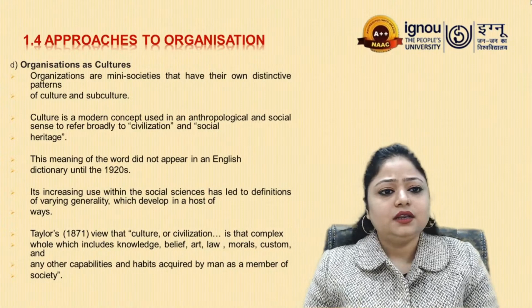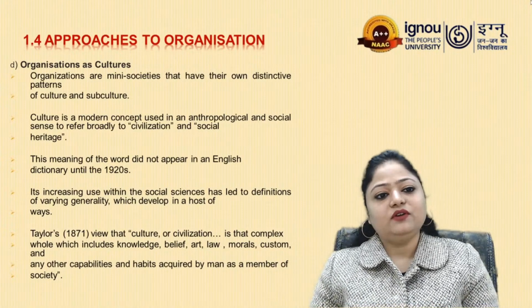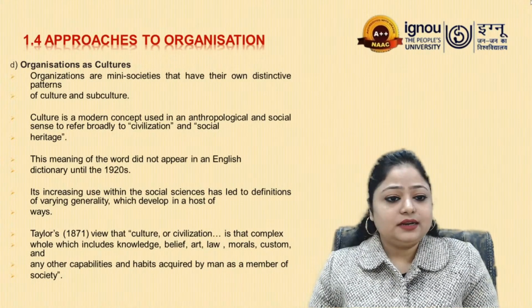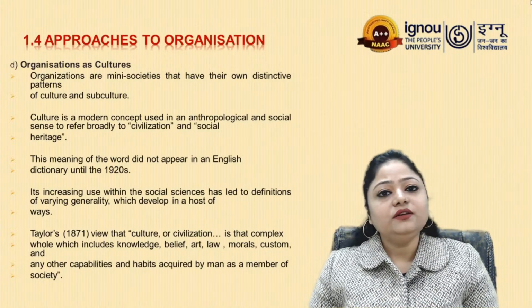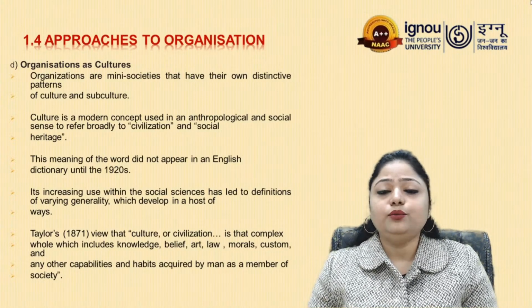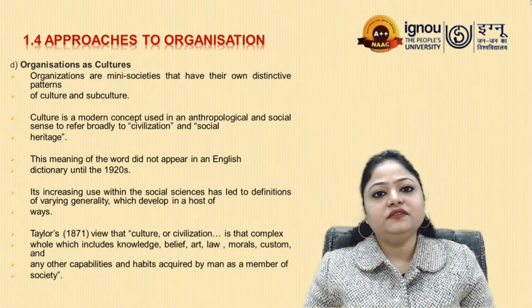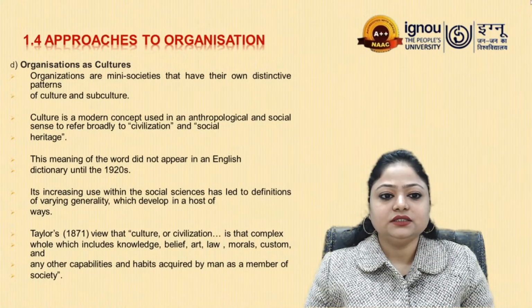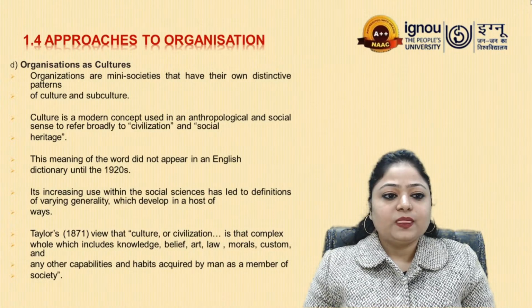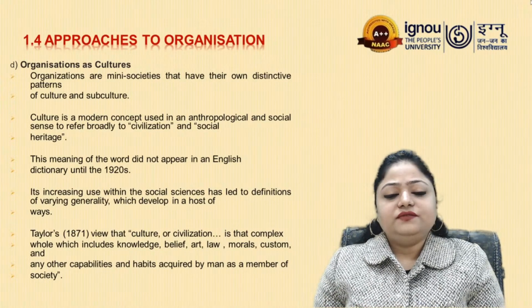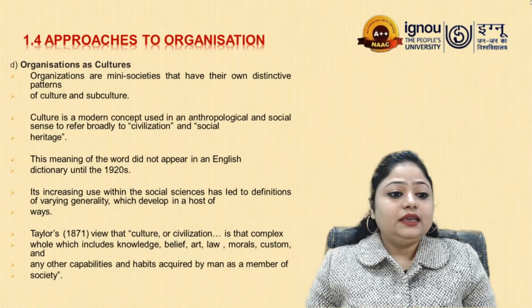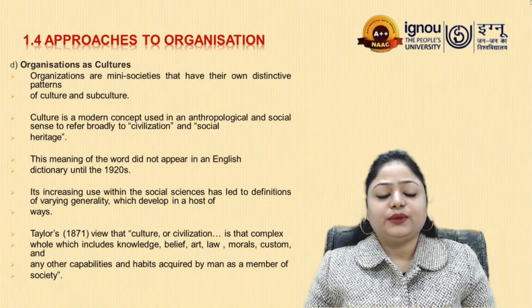So organizations are also an example of culture, or we can understand it as a culture, which is a modern concept used in anthropological and social sense to refer broadly to civilization and social heritage. Okay. This meaning of the word did not appear in an English dictionary until the 1920s.